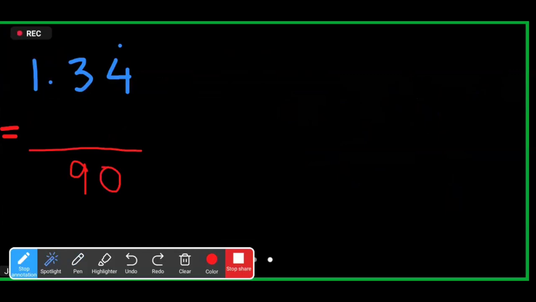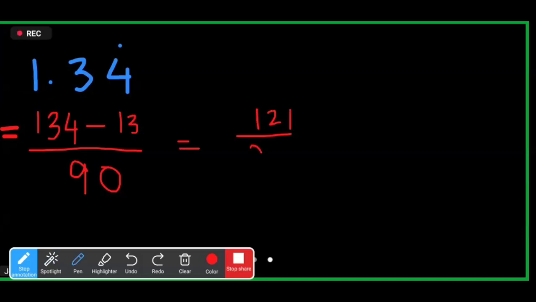If you have another digit that doesn't have recurring but is after the decimal, you put another 0. So 90. For the numerator, we write all the number without the recurring and without the decimal, that is 134, and we take away the number that doesn't have any recurring, 13. Now we subtract: 134 minus 13 is 121. So 121 by 90. This is a rational number.